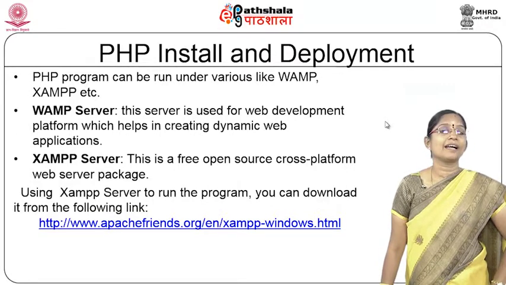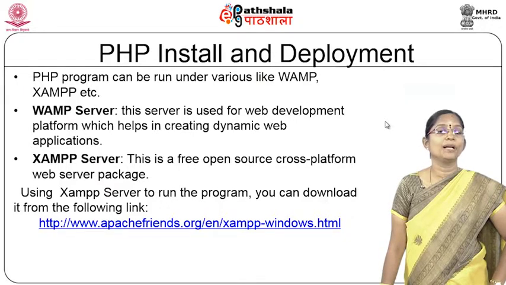XAMPP is another kind of server, a free open source cross platform web server package. I have told you already, 3-in-1 software comes along with this XAMPP. Now let us look through how we can install and deploy PHP using XAMPP server. If we want XAMPP server, we can download it from the following link.